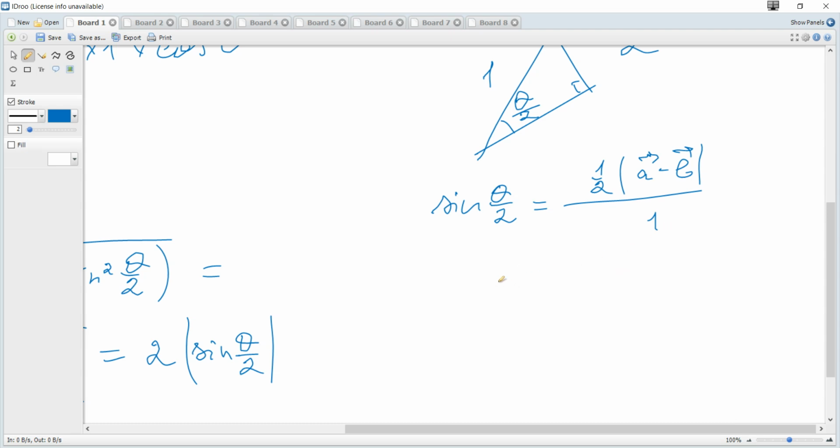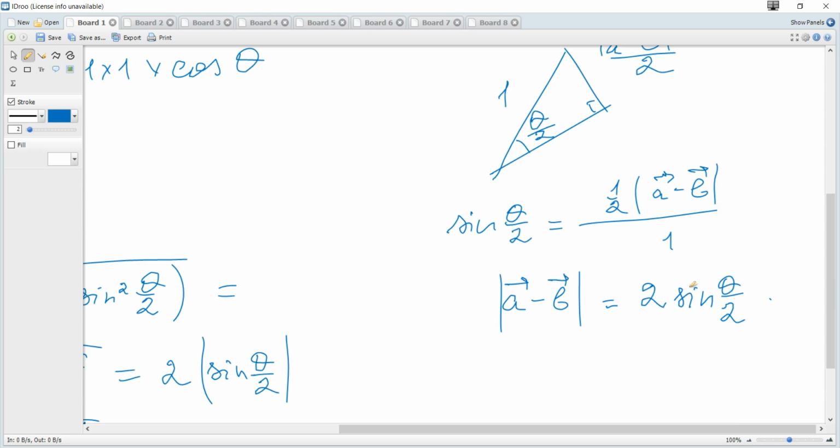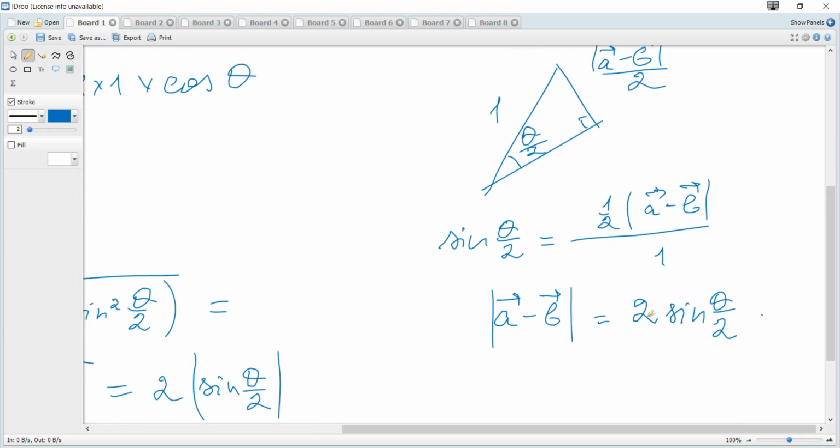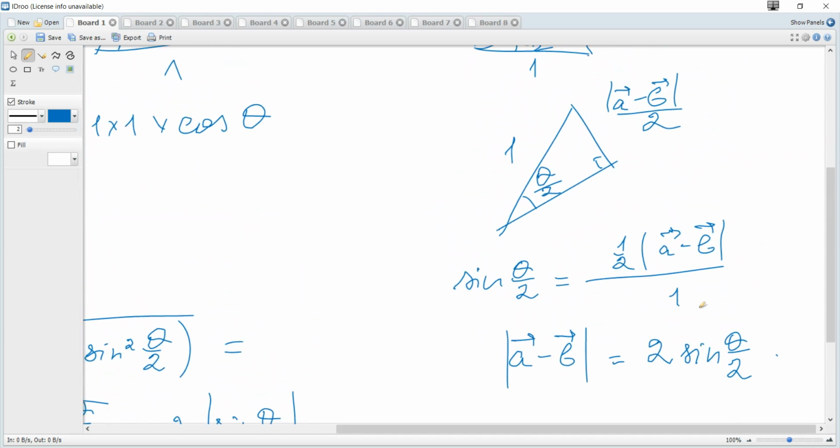And hence the magnitude of a minus b is just 2 times sine of theta over 2. This way is much easier and much quicker. And that's all for this question.